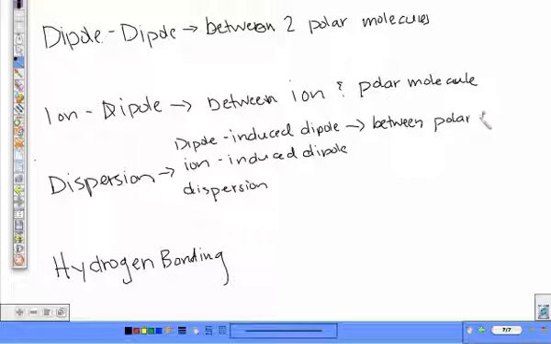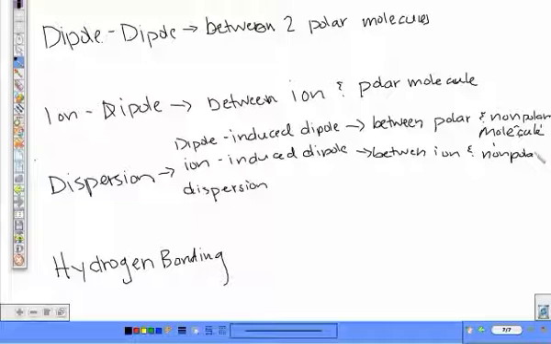Yep, a polar and nonpolar molecule. How about an ion-induced dipole? Ion and nonpolar. And then dispersion force? 2 nonpolar.